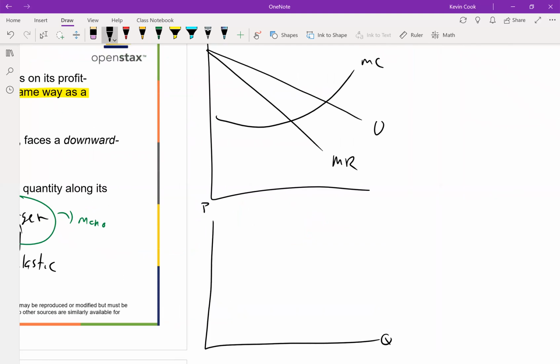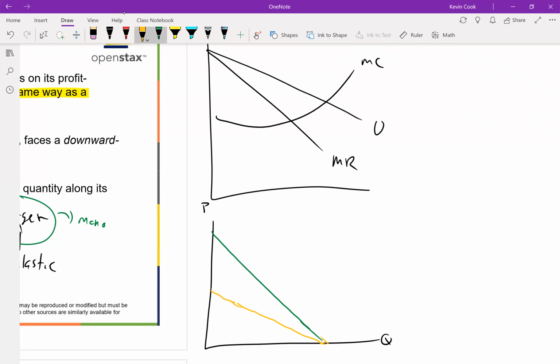So we had price and quantity. Our monopolist looks something like that. They have the full demand curve. And we'll see that our other firm will probably start lower somewhere. And then as the price goes down, they'll have a higher quantity.